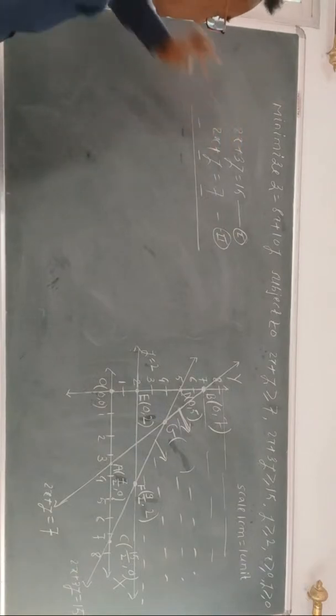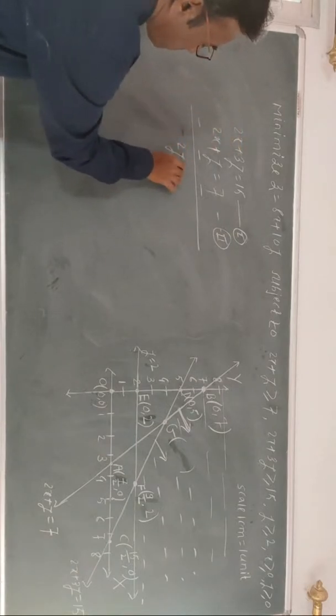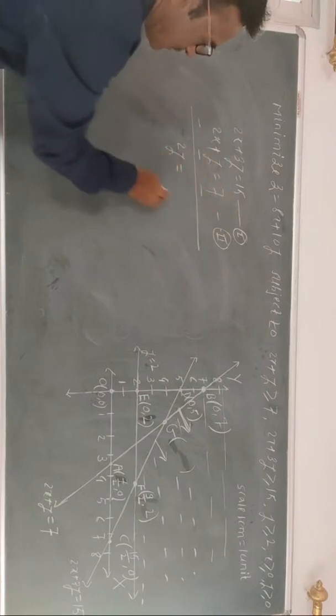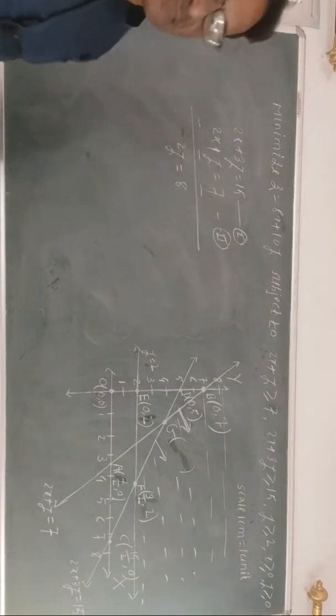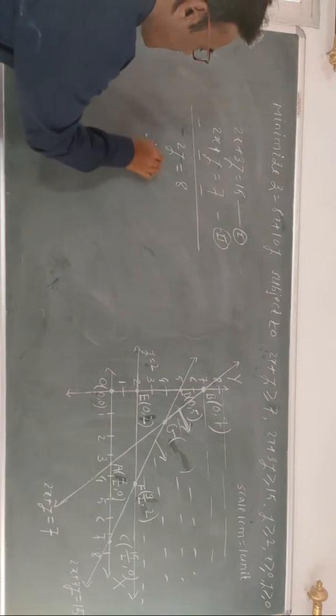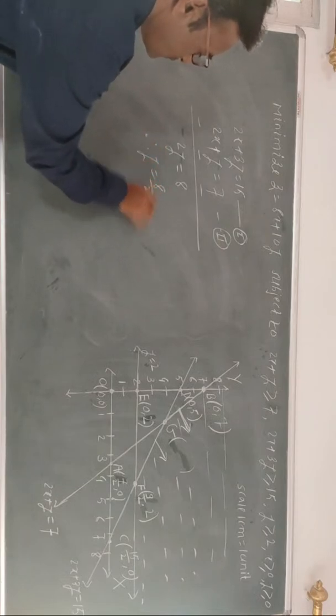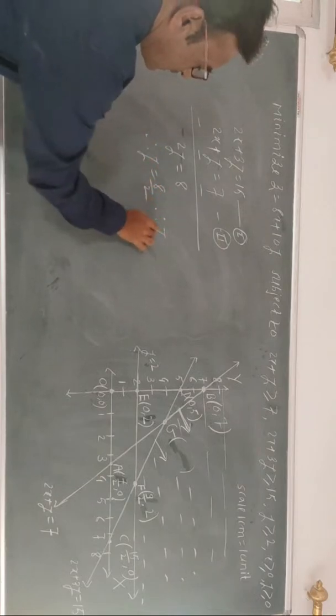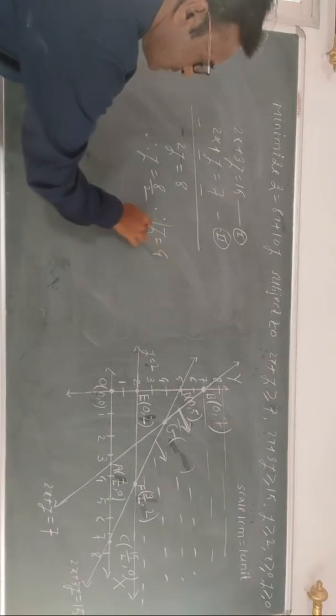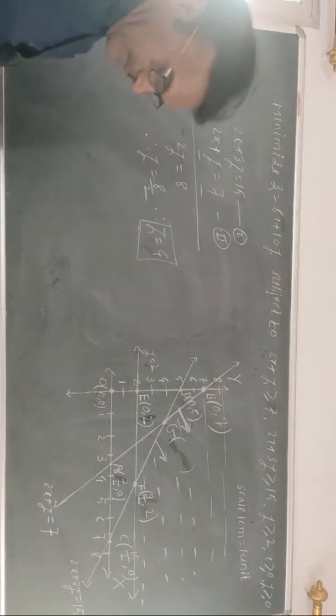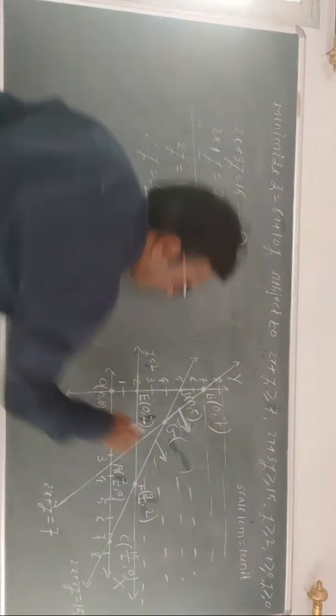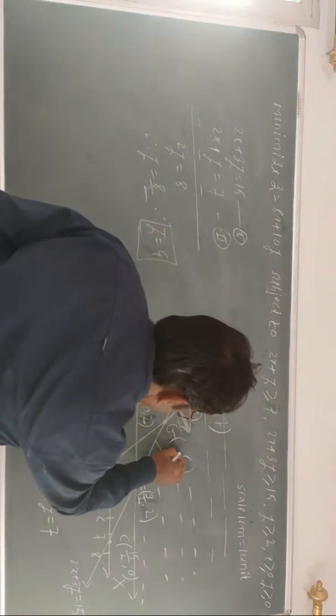Here 3y minus y, so write 2y. Then 15 minus 7, so write 8. Therefore y equals 8 by 2. Therefore y equals 4, and this is the y coordinate of the point G. So we write here the y coordinate of the point G is 4.